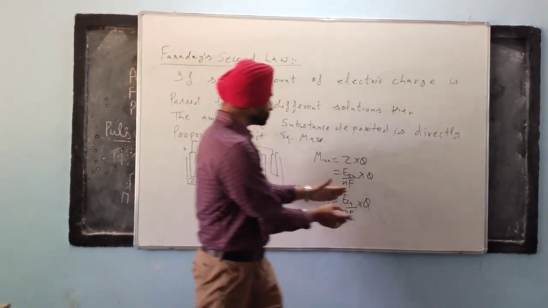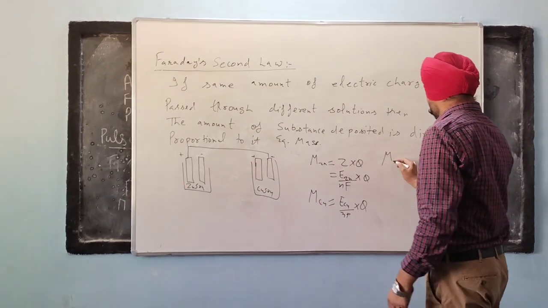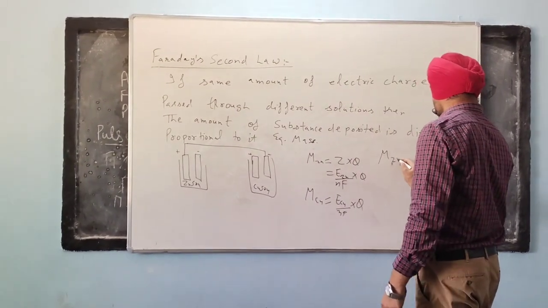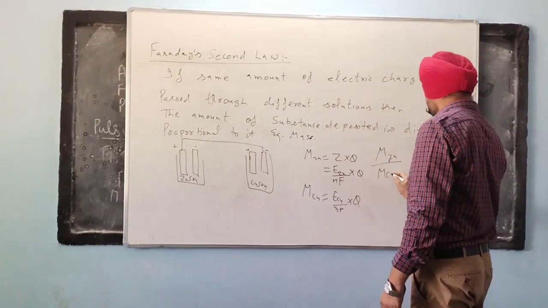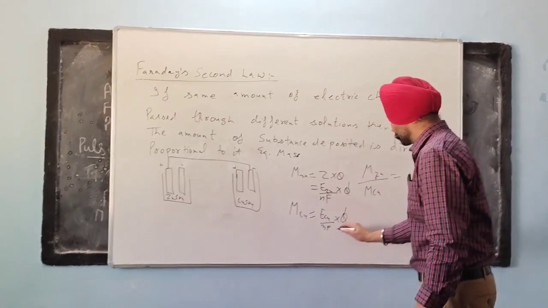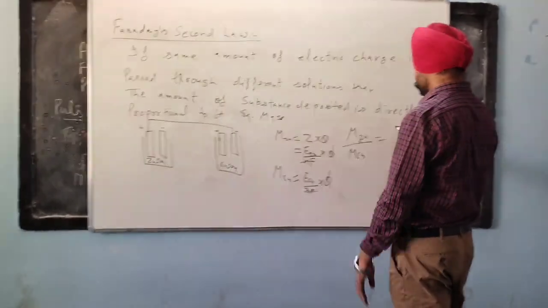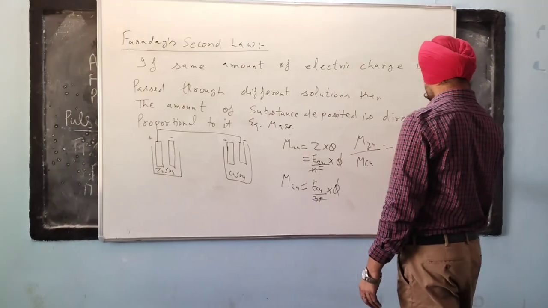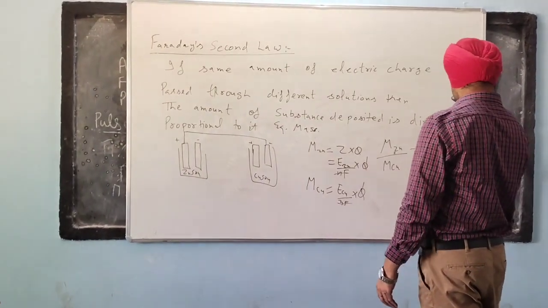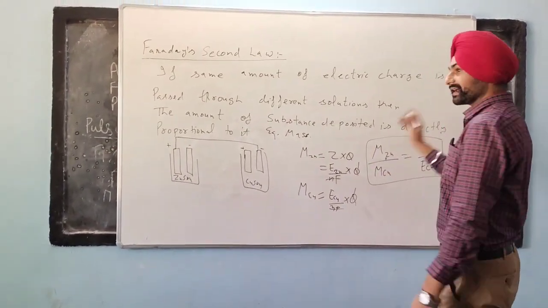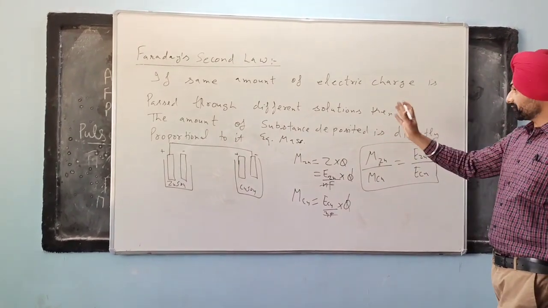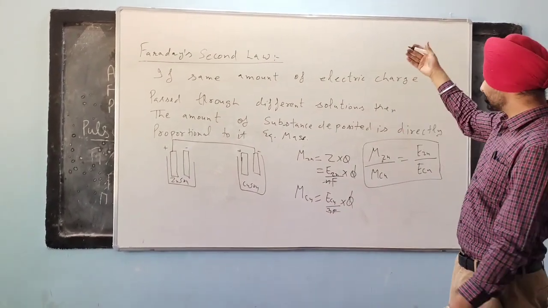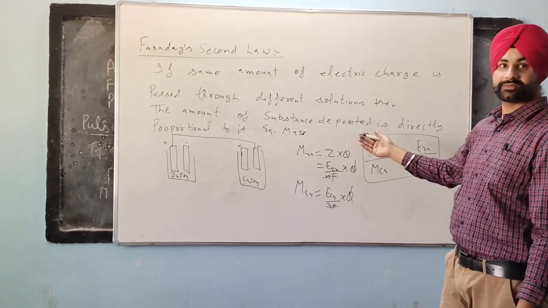Okay, if you divide these two equations, what will I get? Mass of zinc divided by mass of copper is equal to, this will be cancelled. So what we will get? Equivalent mass of zinc divided by equivalent mass of copper. So this is Faraday's second law of electrolysis. So it is nothing but just the advanced version of the first law.